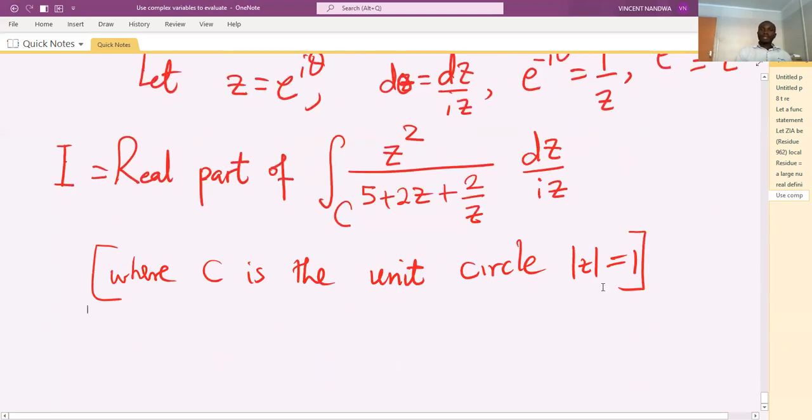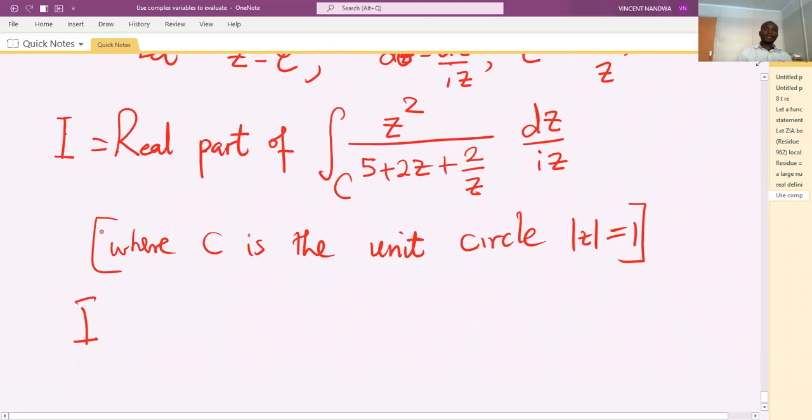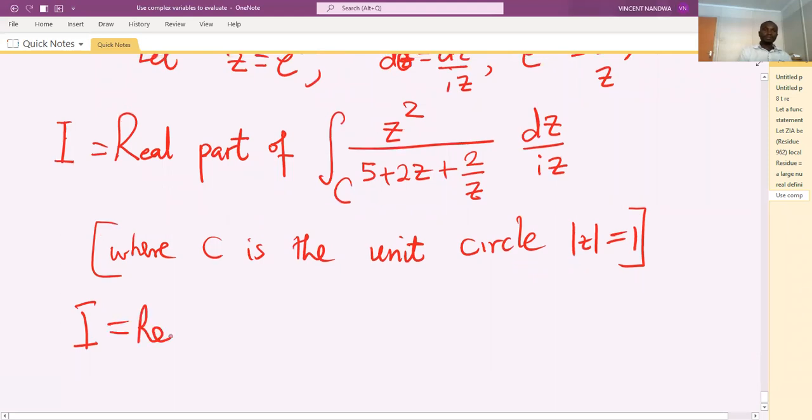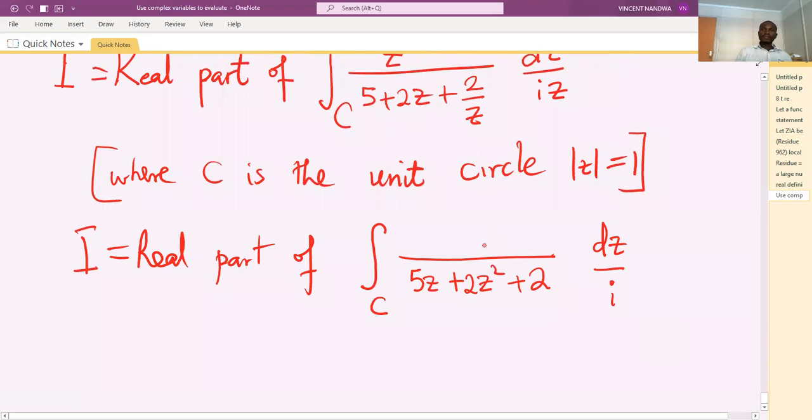So then let's simplify this. So we'll have I to be the real part of the integral along C. Now we are multiplying iz by every term. So I have dz over i, then I multiply z by every term. So I'll have 5z plus 2z squared plus 2. Then I put here 1.